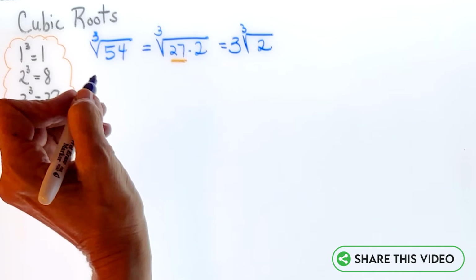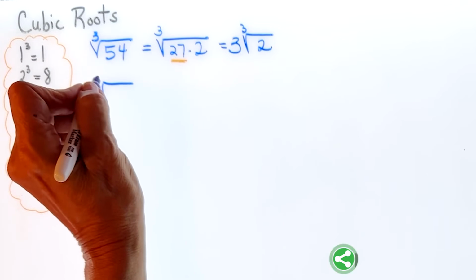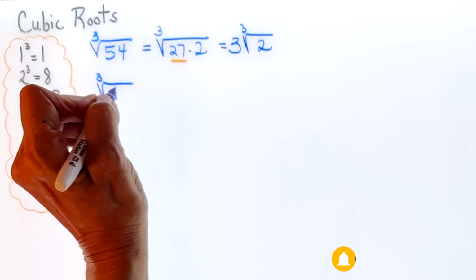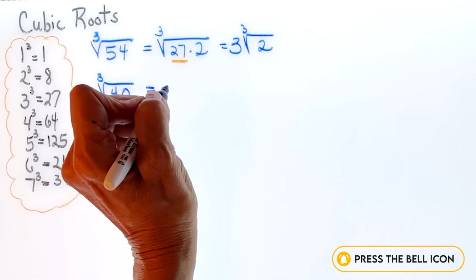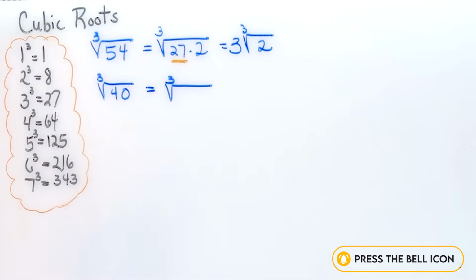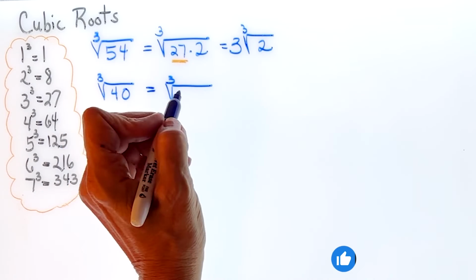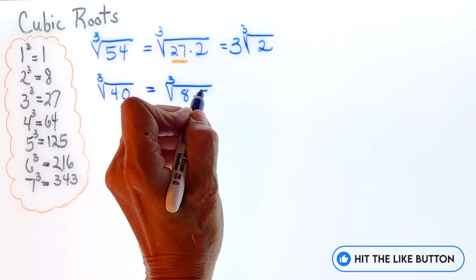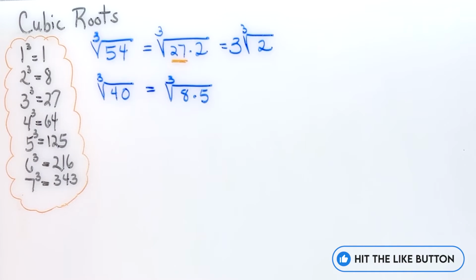All right, so let's try another one. How about the cubic root of 40? So again, I'm looking for a factor that would have triplets. So I know that 8 times 5 are factors of 40.